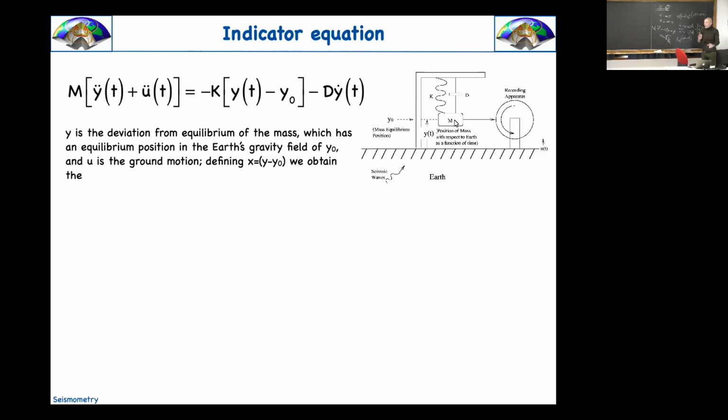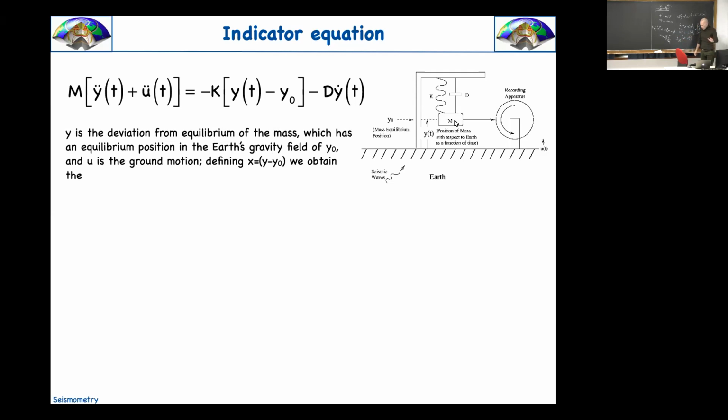Now we have a problem. This is the homogeneous equation, and I can play with it with initial conditions. Initial conditions will decide the amplitude and the phase.